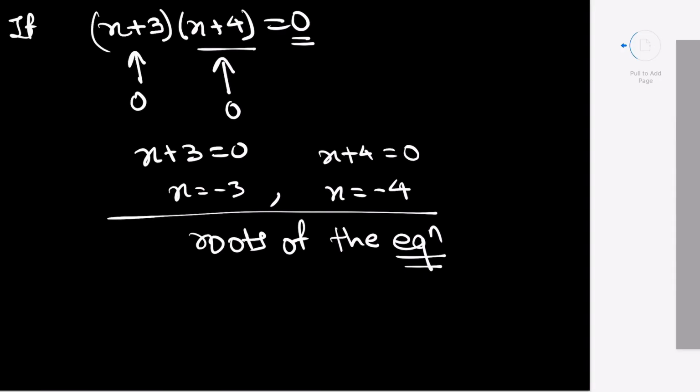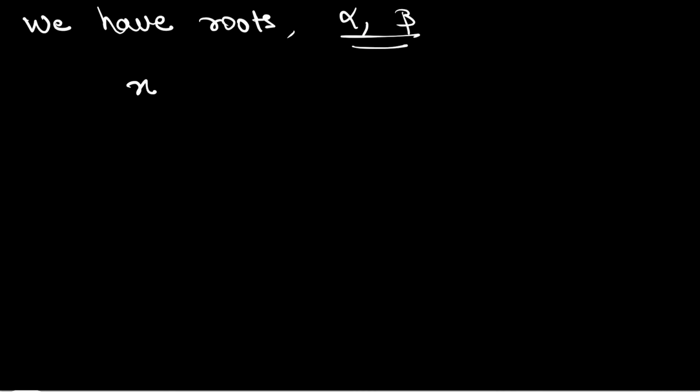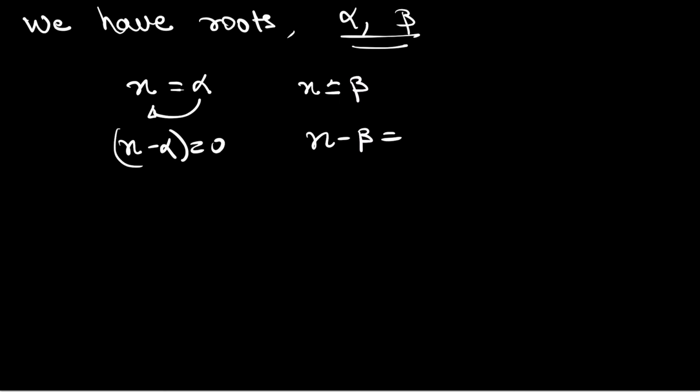Now, let's say we have roots, alpha and beta. If we have roots, how do we form an equation? Now, we know x equal to alpha is a root and x equal to beta is a root. Taking alpha on the other side becomes x minus alpha equal to 0, and x minus beta equal to 0.